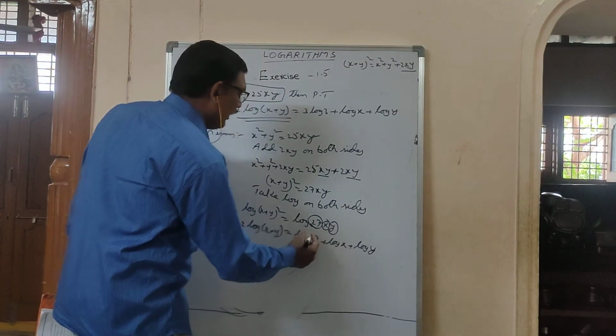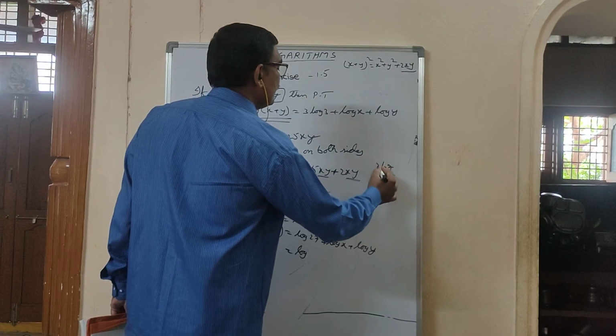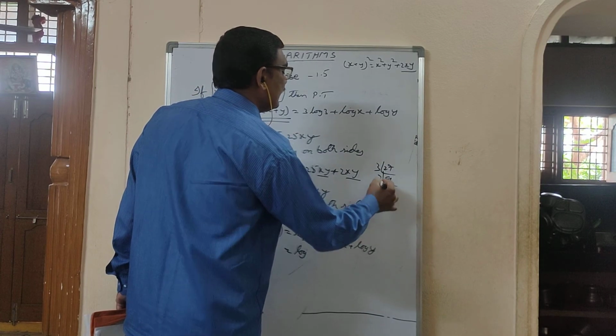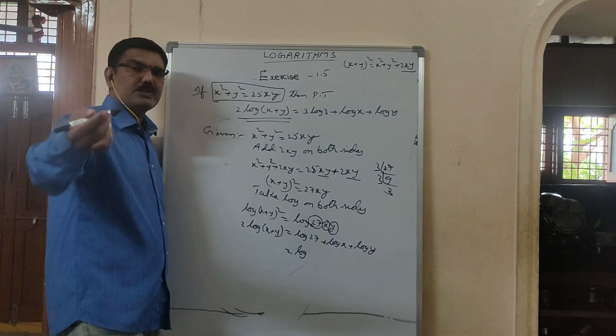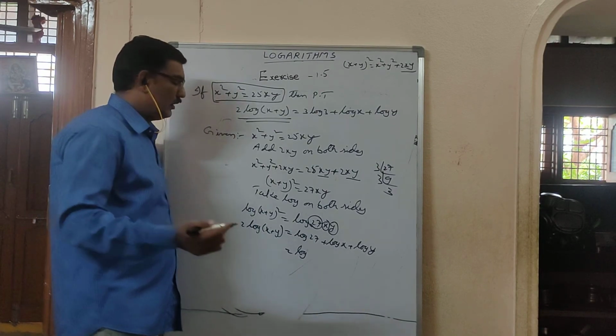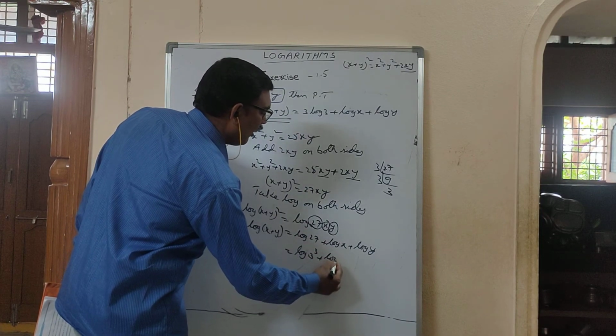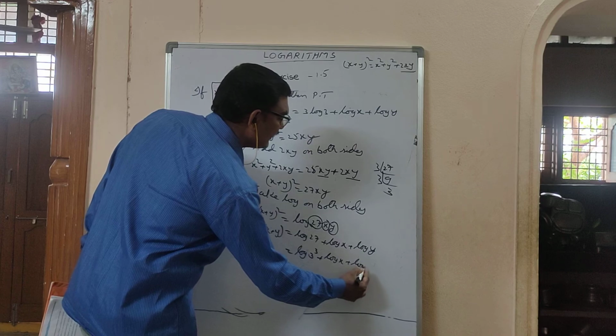Then here log 27, in prime factorization, 3 nines are 27, 3 threes are 9, so you can write 27 as 3 cube. This log x and log y write as it is.